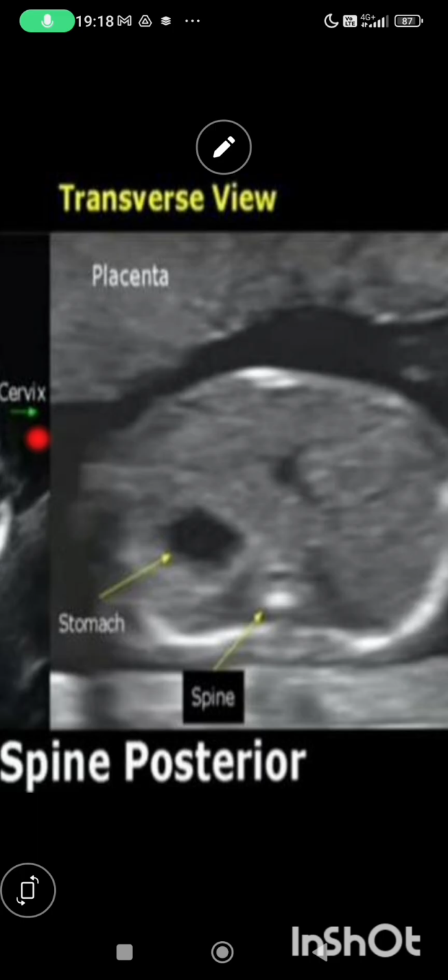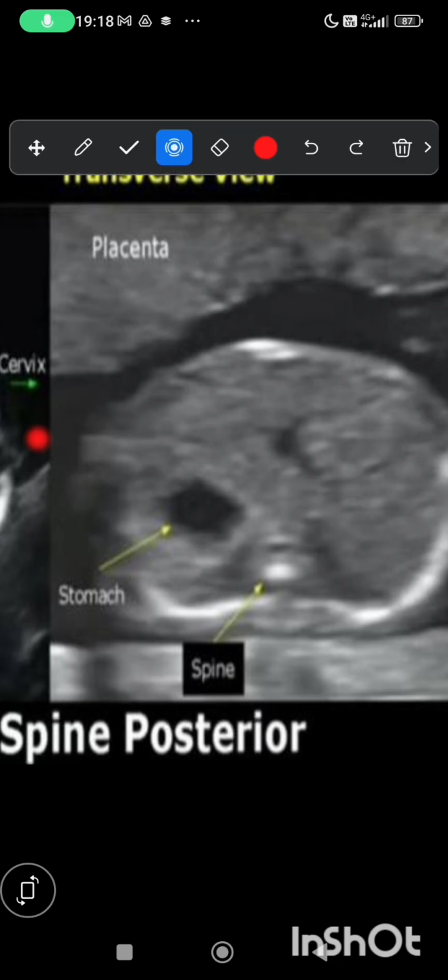So this one is more common. Here we can see the transverse section of the fetal abdomen. Here we can see this echogenic spine. Here we can see the stomach bubble, which is anechoic.